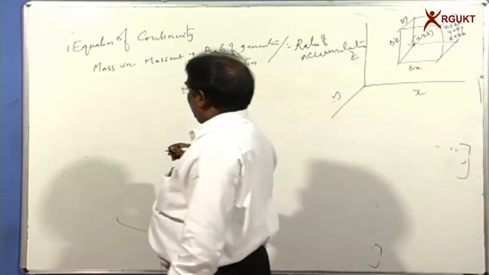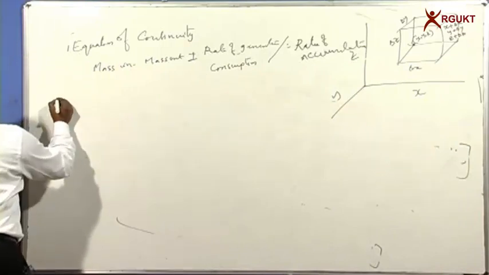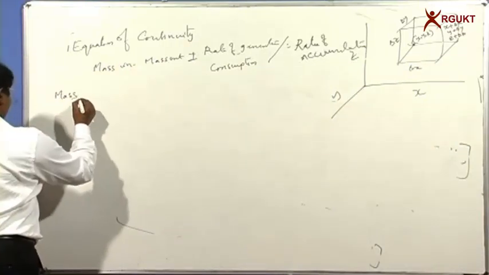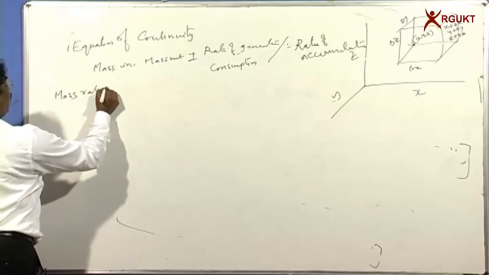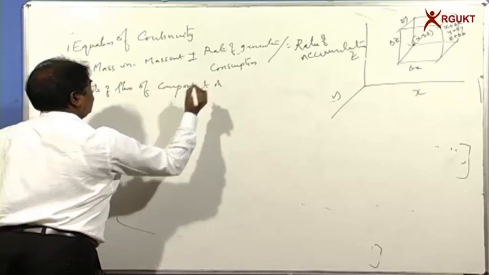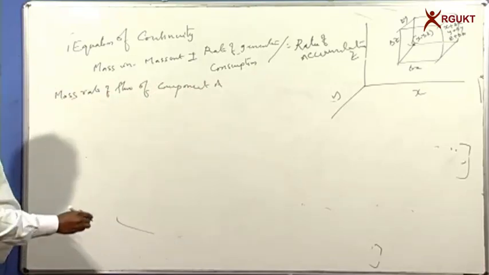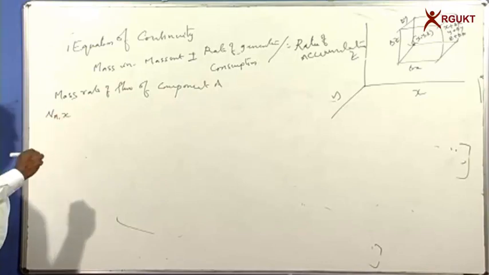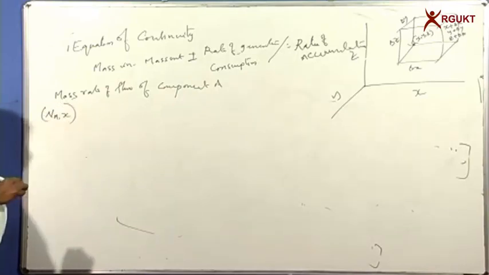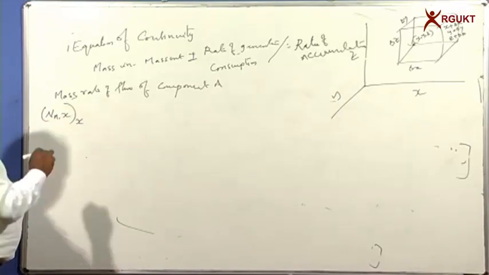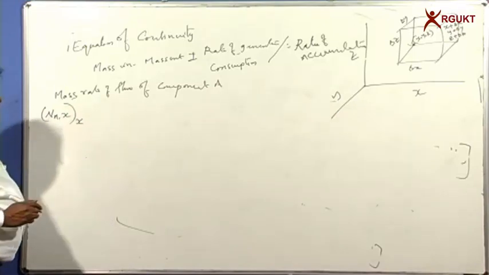So now the mass rate of flow of component A entering is equal to NAx, where x indicates the x direction flux, entering at x.